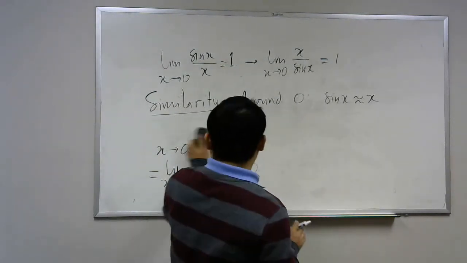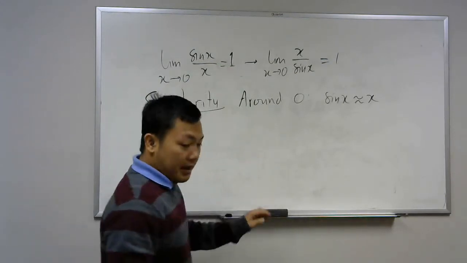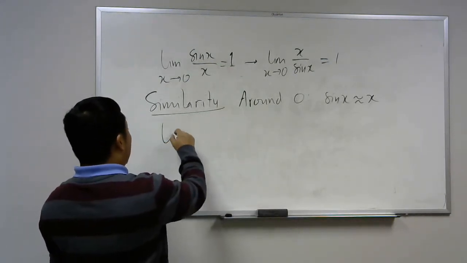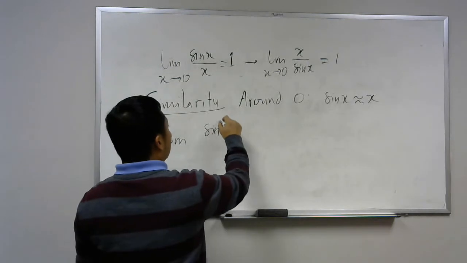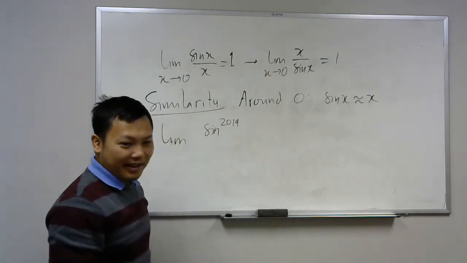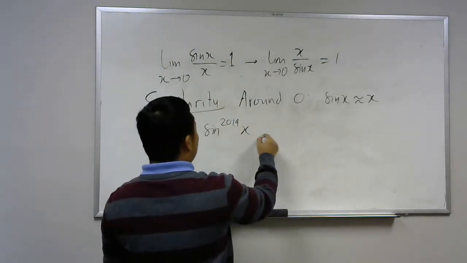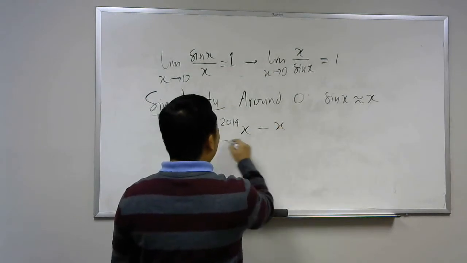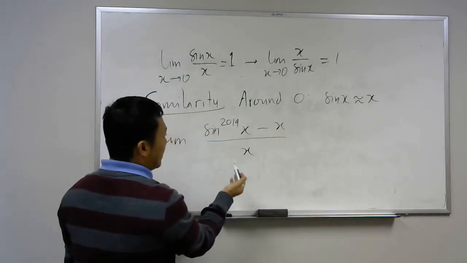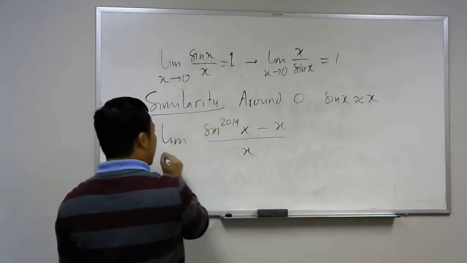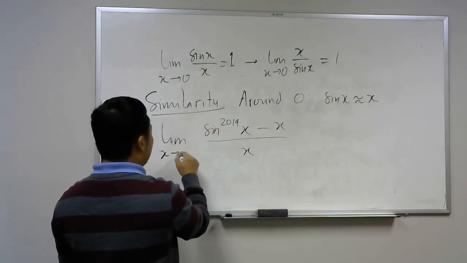So I say the limit of sine of x to the 2019, minus x, over x when x goes to 0.